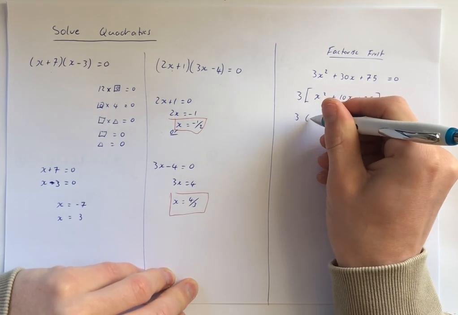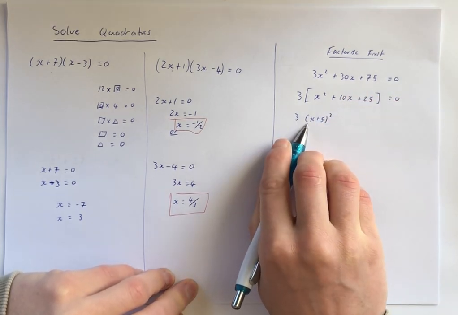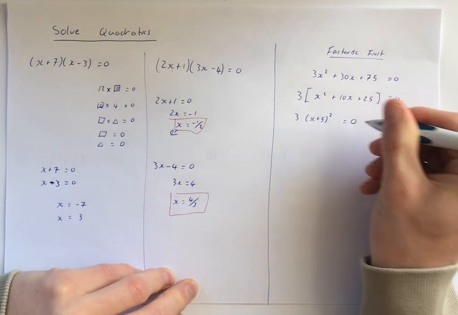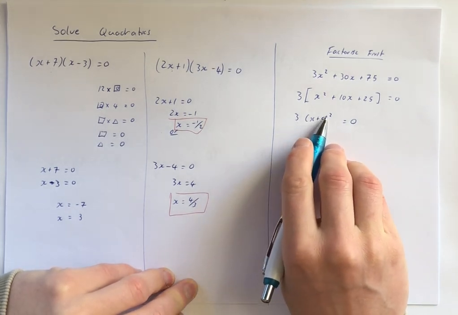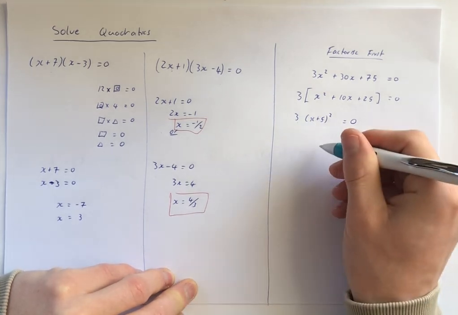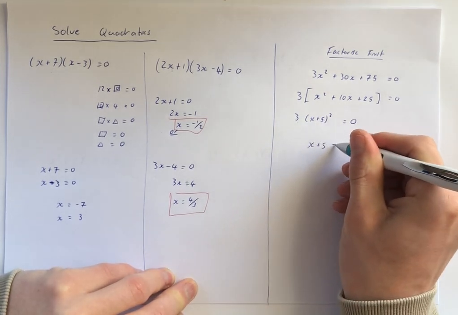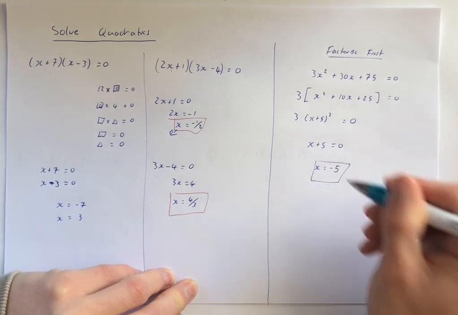So we have the same bracket twice, or 3 lots of x plus 5 squared equals 0. So 3 times something squared equals 0. That must mean that that thing that's being squared is equal to 0. Or x is negative 5. One solution for that one.